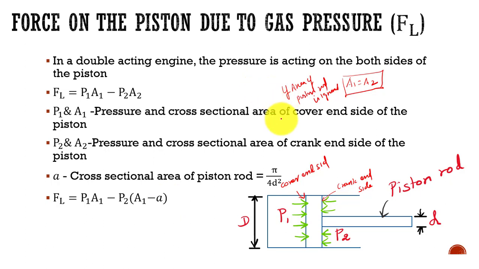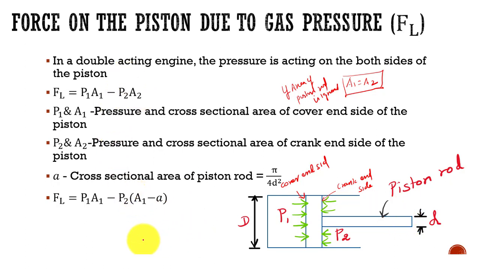We must know the pressures which are acting on the cover end side and crank end side, the diameter of the cylinder, and the piston rod dimensions also need to be known. If you know the dimension of the piston rod, we can find this area A2.